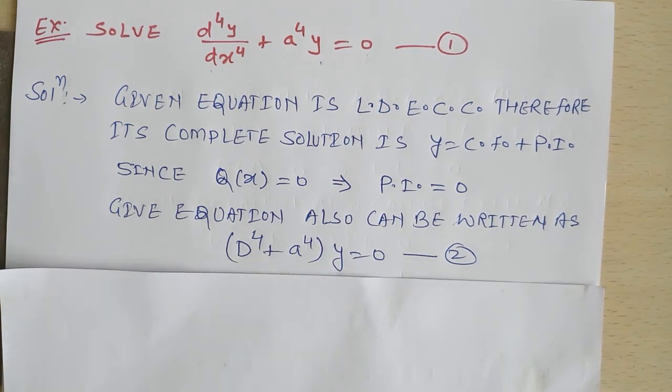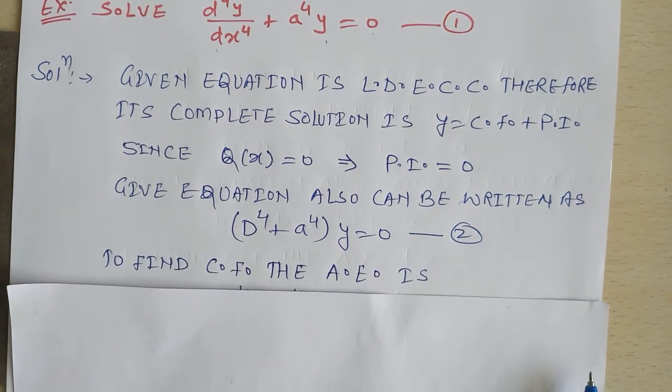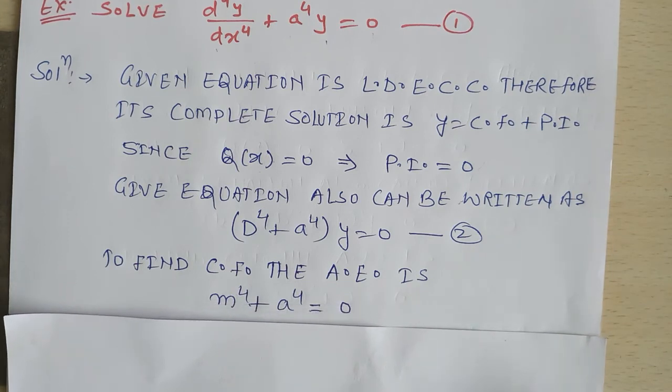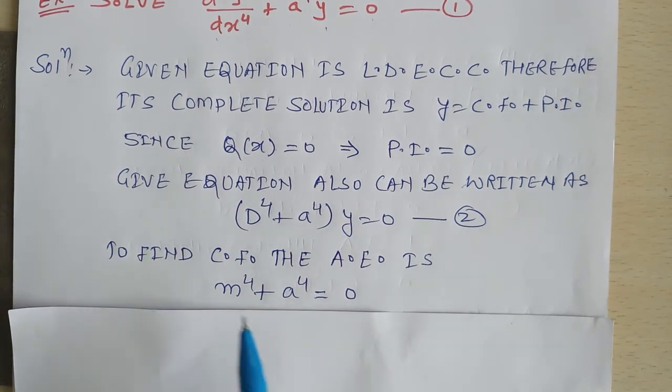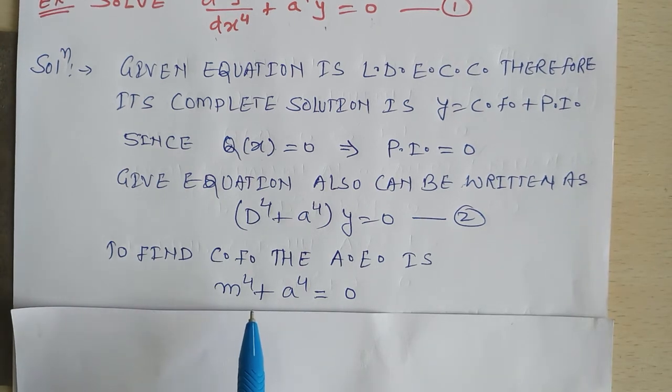Now to find CF, we write the auxiliary equation, which can be obtained by D replaced by m and then equating to 0. So the auxiliary equation is m power 4 plus a power 4 equal to 0. So this is a biquadratic equation, giving 4 values of m, and further factoring is not directly possible. So we write this equation by adding 2a square m square and subtracting 2a square m square.